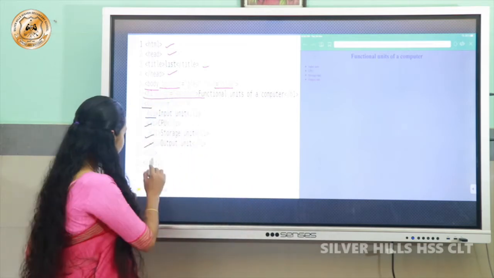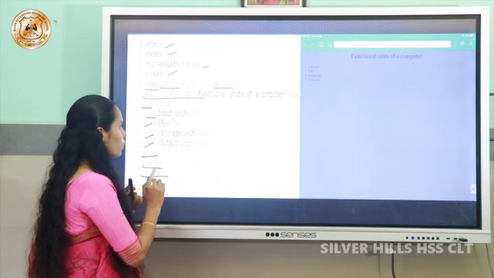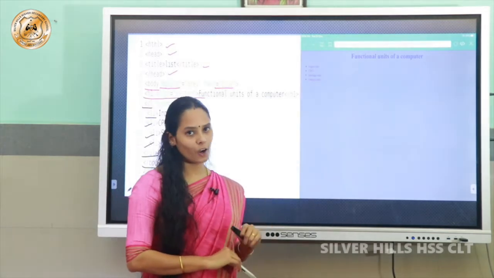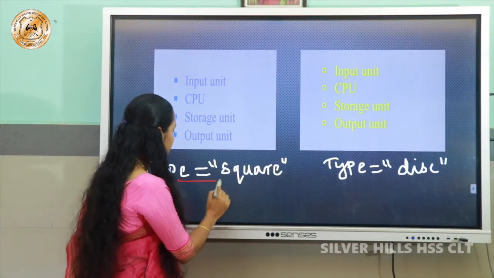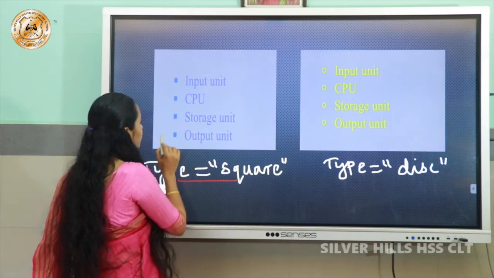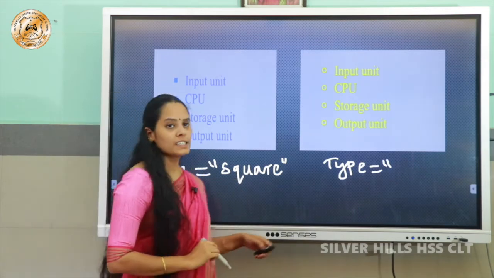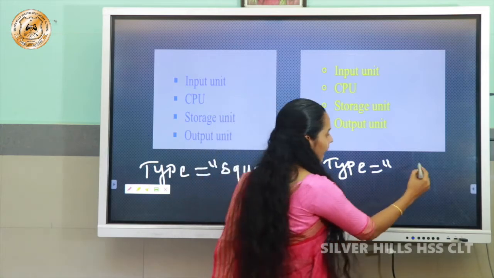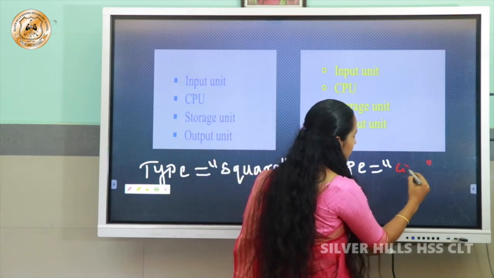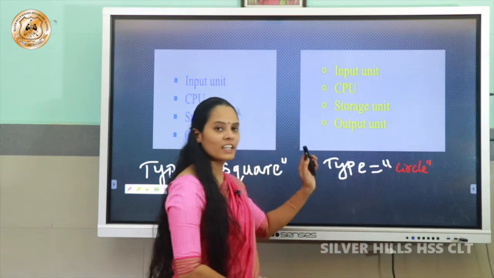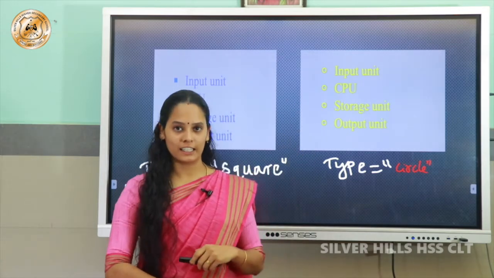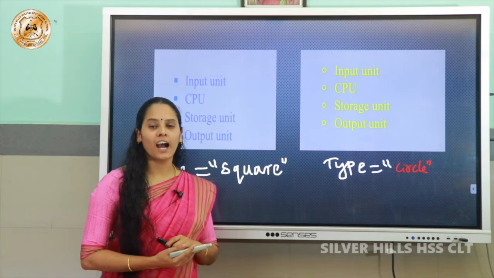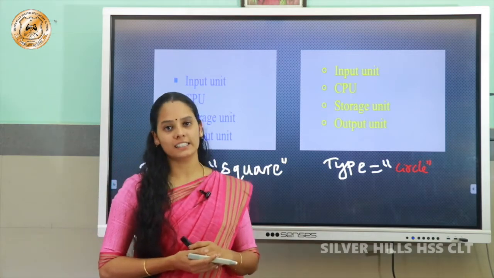Then after that close UL, close body and close HTML. This is the output. Okay. If you are giving UL type is equal to square, we will get the output like this as squares. So here if you are writing type is equal to circle, then you will get the list like this. So that is about our unordered list. So next let's see how to create an ordered list in HTML.